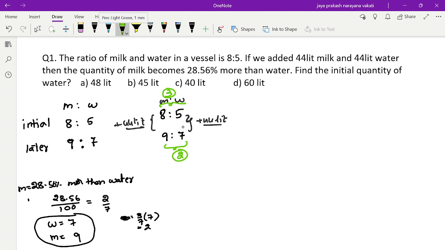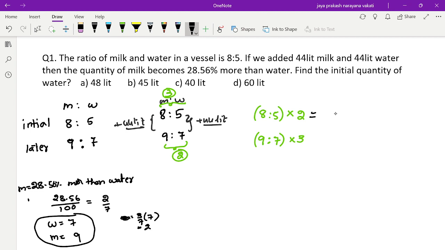To do that, I'll use the horizontal differences. Take the first ratio 8 is to 5 and multiply with the horizontal difference of the other ratio, which is 2. Now take the second ratio 9 is to 7 and multiply it with the first ratio's horizontal difference, which is 3. So this is the process which you need to remember.